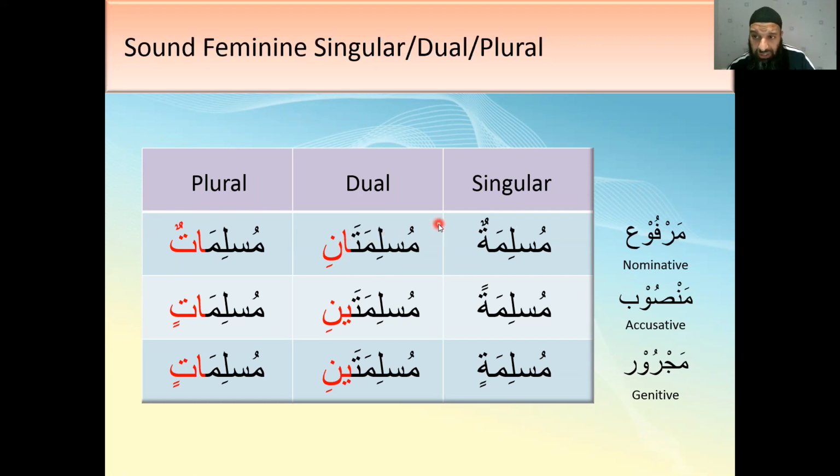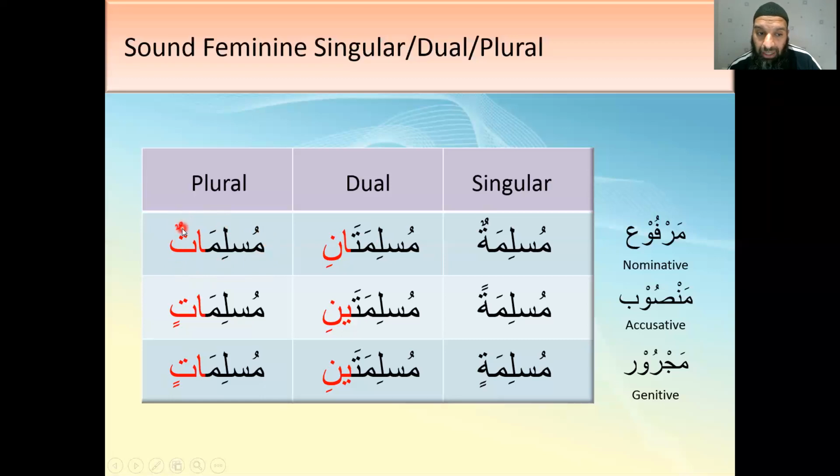If you can learn these two tables, you are sorted for sound masculine plural and dual, and sound feminine plural. So, muslimatun, muslimatani, two Muslim women in marfu. Muslimatun is marfu, many Muslim women.